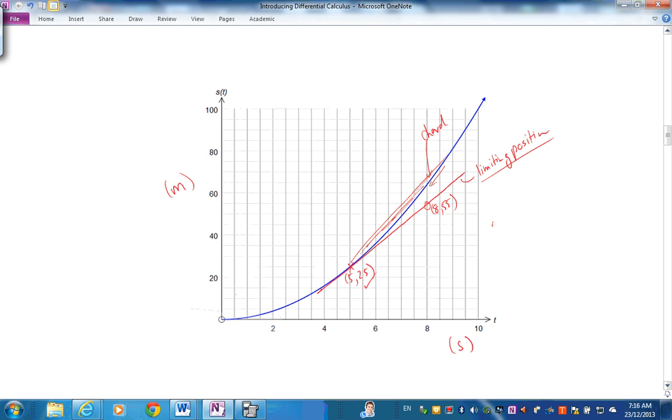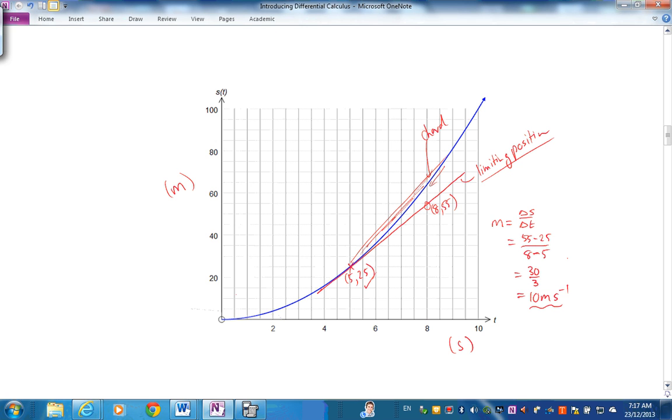Okay, the slope of the tangent is y step, which is delta s, or change in displacement with time here. The 55 minus 25 over 8 take 5. Did you get that? Okay, y step on x step in the old days. So this is 30 over 3, which is 10 meters per second.